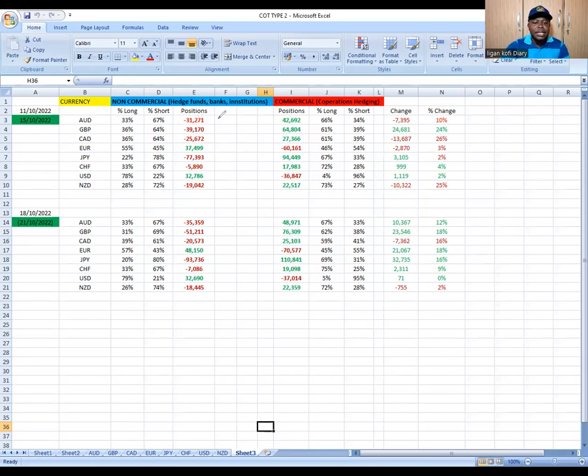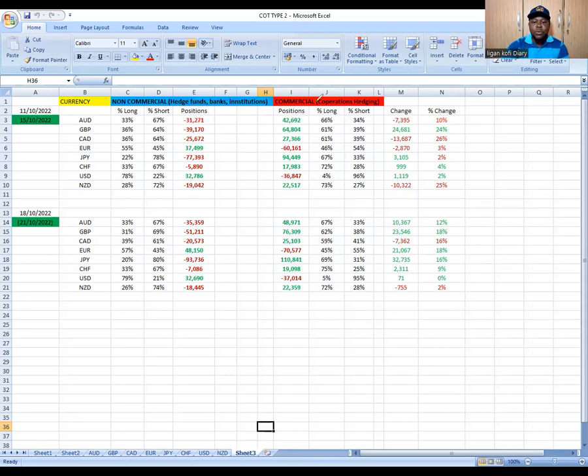Now, the non-commercial traders, like I said, are the market makers: the hedge funds, the banks, and other institutions, those who actually predict the direction of the market. And then the commercial traders, the corporate hedging institutions like Coca-Cola, Apple, Amazon, and the rest, are also here.